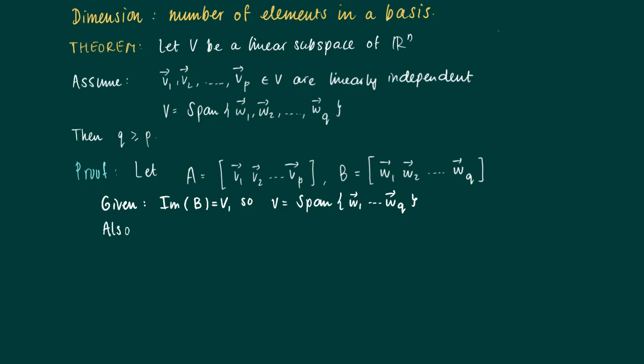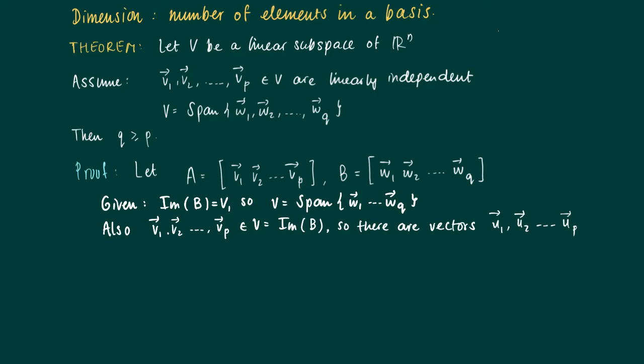Since the vectors v_i are all in V, they are in the image of the matrix B in particular. So there must be vectors u1 to up that are mapped by B onto these vectors v1, v2 till vp.